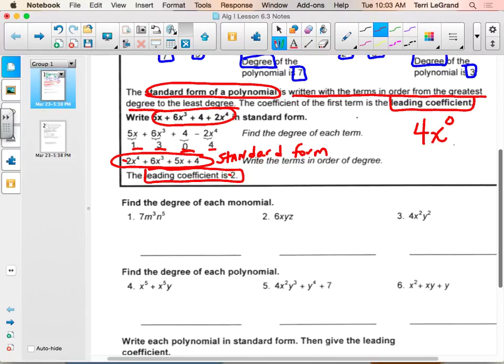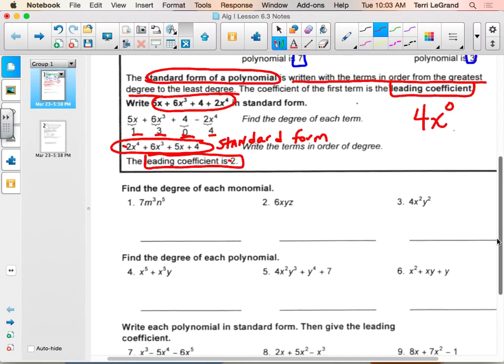Once it's in standard form, all you have to do is look at that first monomial and ask what's your degree? That's going to be the degree of the polynomial. So any questions on standard form, leading coefficients? Okay, now I guess we're ready to practice.